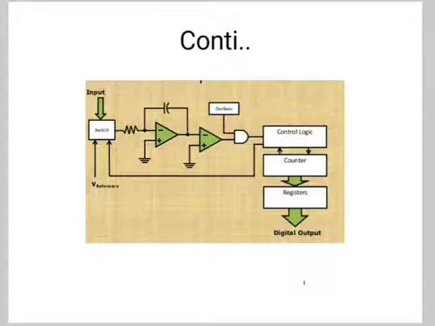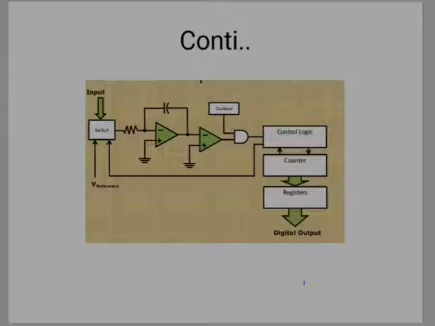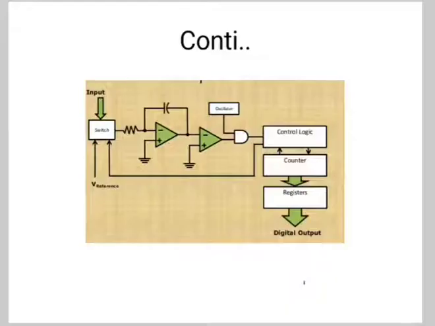Retains, that is, holds the counter value. The counter value is proportional to the external analog input voltage. At this instant, the output of the counter will be displayed as the digital output, and it is almost equivalent to the corresponding external analog input value.